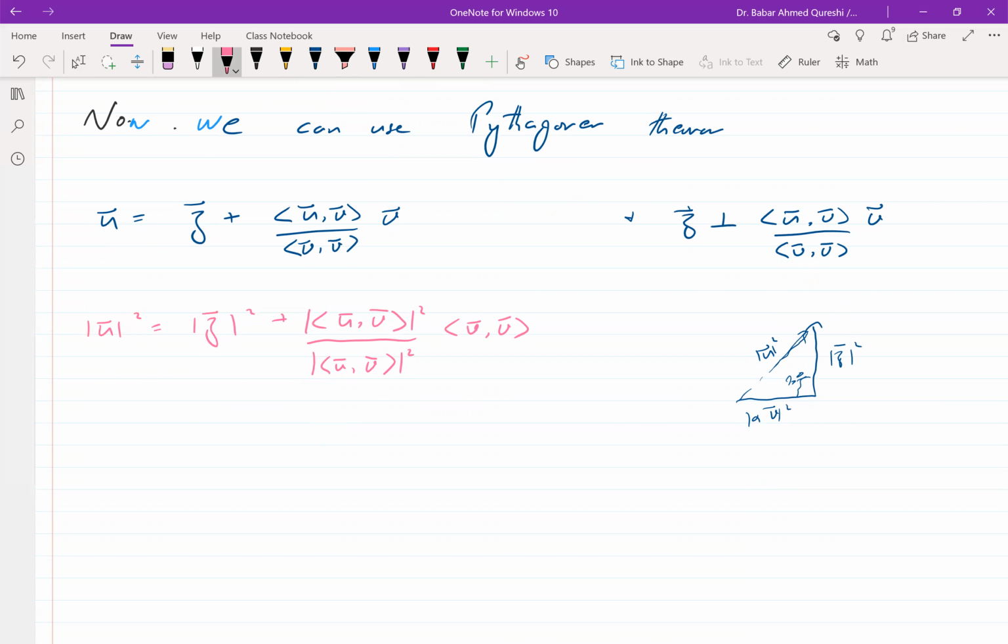This means this guy is just v squared, and then this square is just v to the 4.